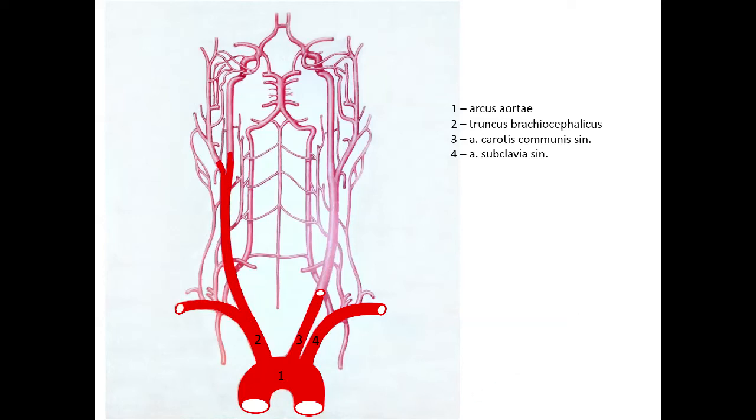So these 3 vessels later give origin to vessel number 5, arteria subclavia dextra, and number 6, arteria carotis communis dextra.